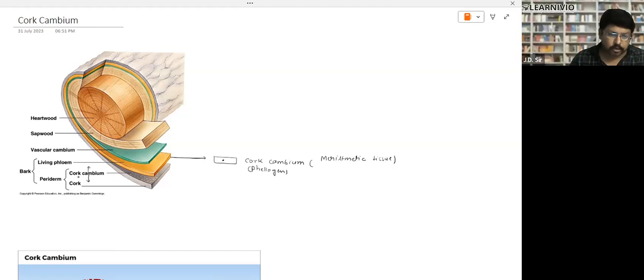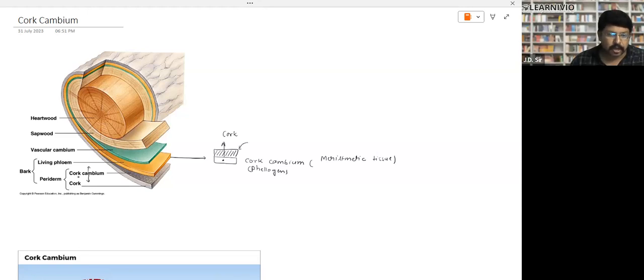This phellogen, or cork cambium, will divide, and it will add cells toward this side. These cells will make the cork. Cork, like you must have seen in a champagne bottle.